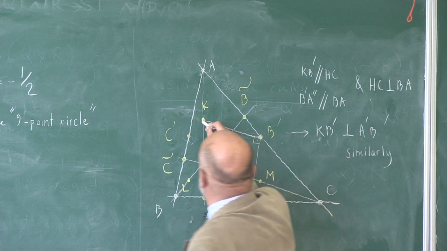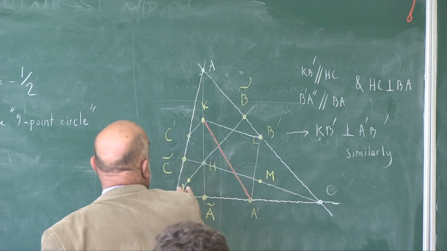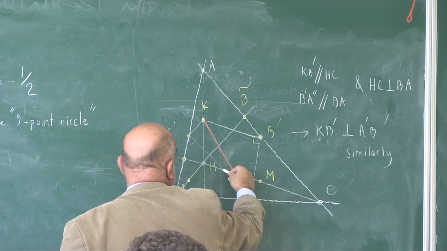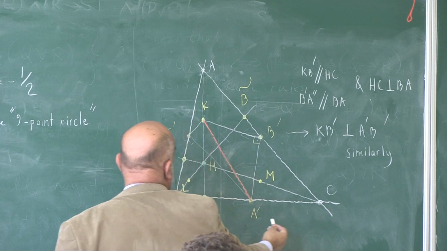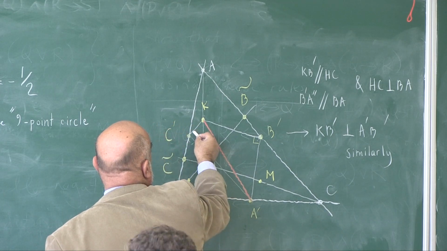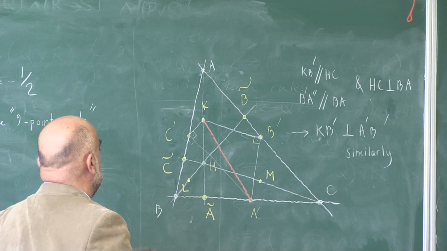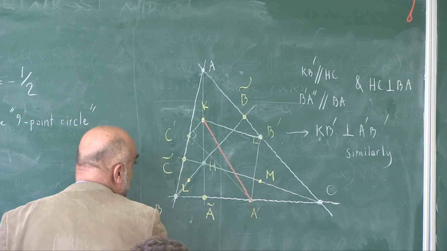Similarly, if you take KC prime, joining midpoints of AH and AB, and C prime A prime, which joins the midpoint of AB to the midpoint of BC, well, these are perpendicular, orthogonal to each other. So let me make a list of midpoints that are taken care of.